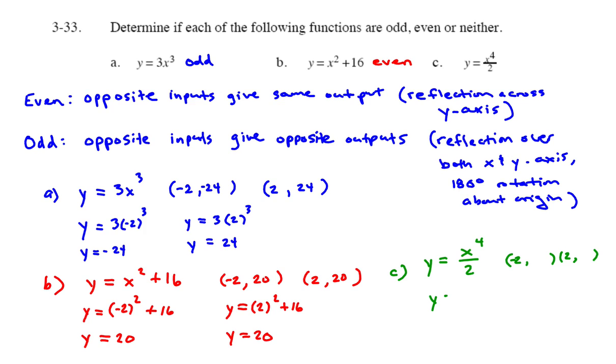So y equals -2 to the fourth power divided by 2. -2 to the fourth would be +16, and +16 divided by 2 gives us 8. So y equals 8. If you don't believe me, check your calculator.